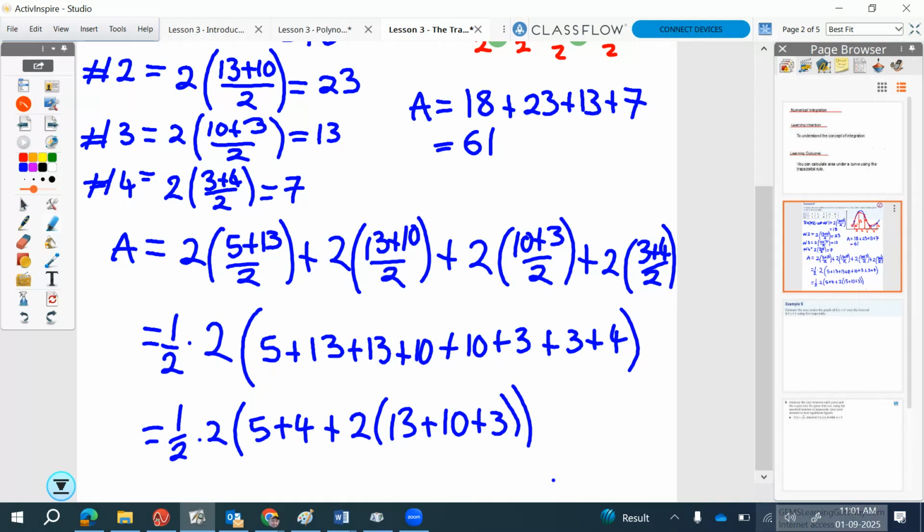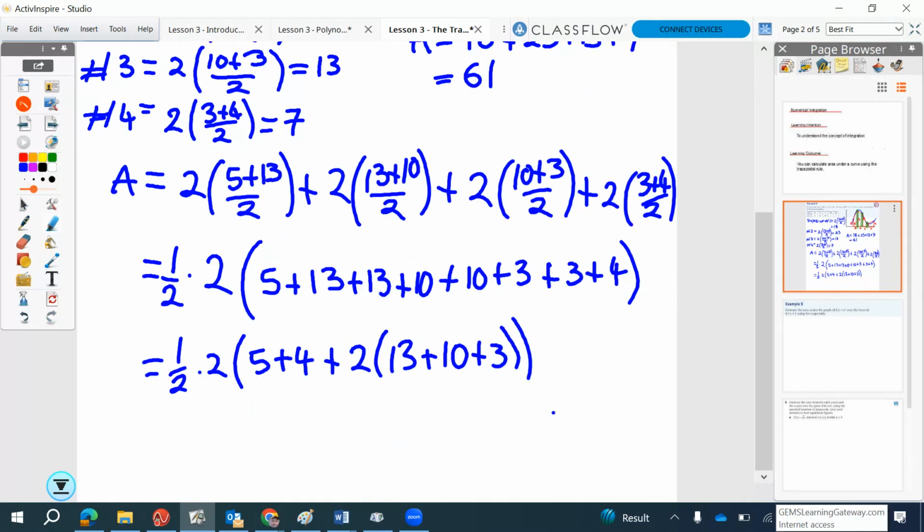So this is where we get our formula from. We are going to have a half times the distance between the two, plus, I think this is a y, wasn't it?